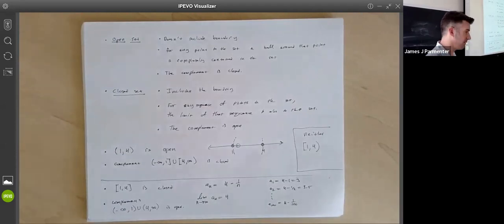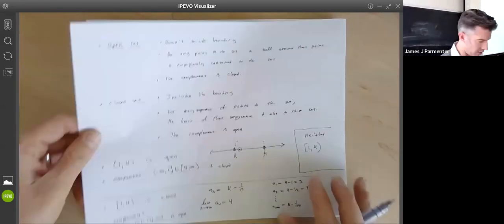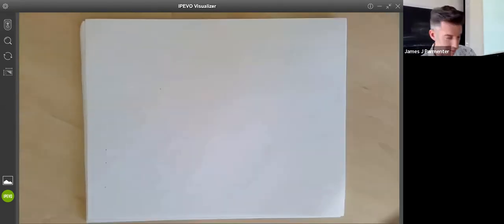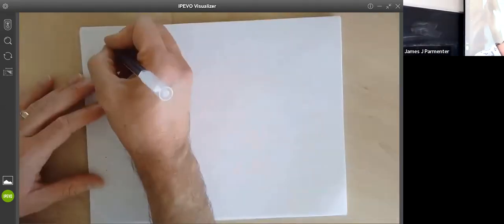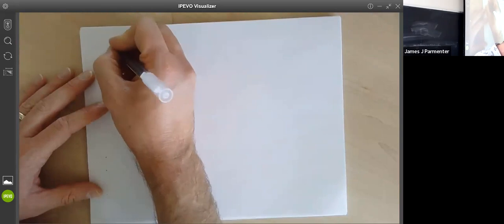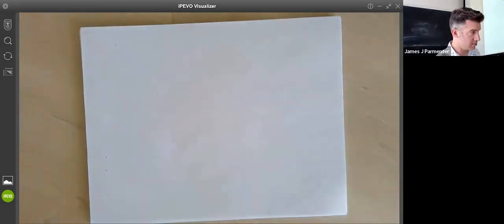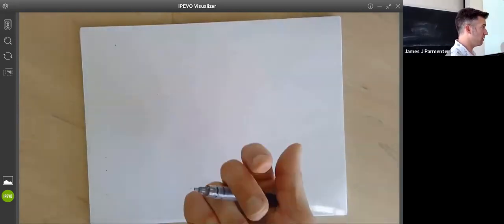Most sets, if they're open, they're not closed. If they're closed, they're not open. There are two exceptions. Basically, whatever space you're working in, the set of everything is both.